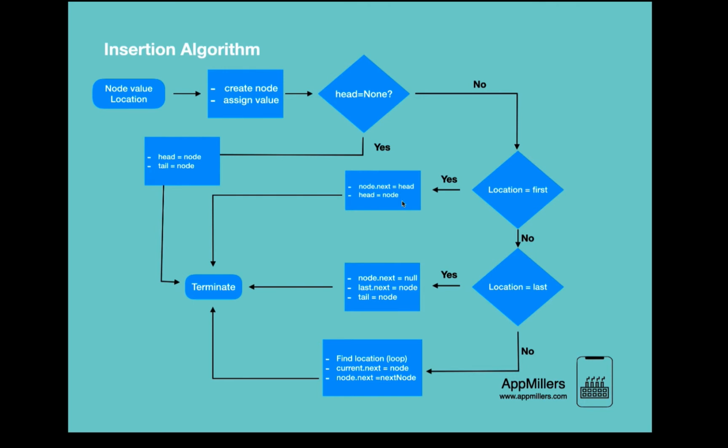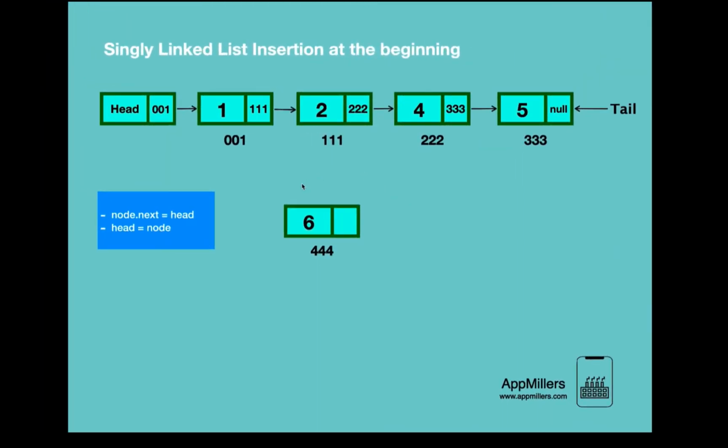Let's see how this is working in a real example. Here we have a sample single linked list like this, and we want to insert this node over here at the beginning of this list. So I took the part from the algorithm which is implementing this process. Here the first thing that we are doing is setting this node's next reference to head.